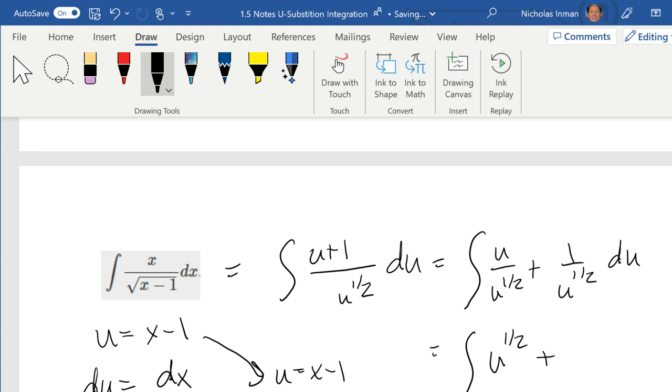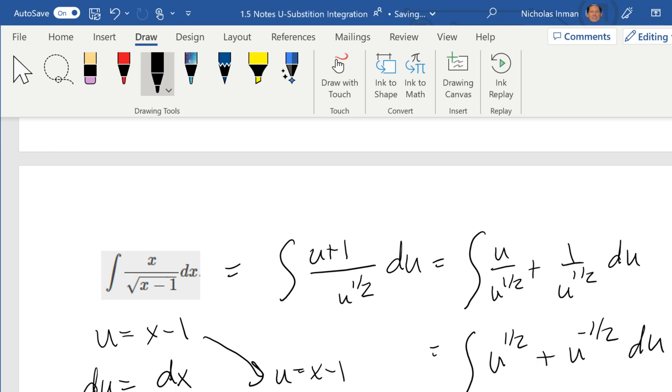And u on the bottom, that's u to the negative 1/2. So we can turn this one into a power rule. This original one, when you have x over the square root of x minus 1, since that x minus 1's inside, and you have this larger thing on the bottom, you can't split up a square root into two smaller pieces like that with subtraction, and then dividing by that just doesn't work out well. So this lets us change that to a power rule, and we can do that.